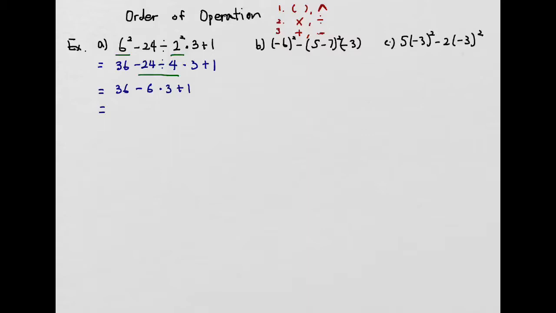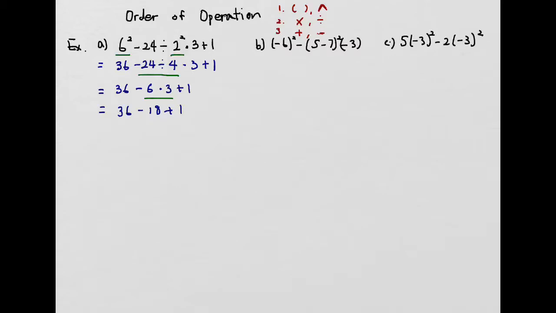So in the beginning, make sure you write it down neatly. And next, you're going to do multiplications, right? Negative 6 times 3 is negative 18 plus 1.